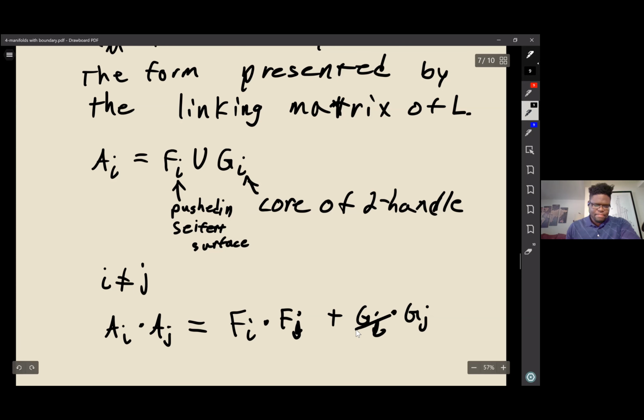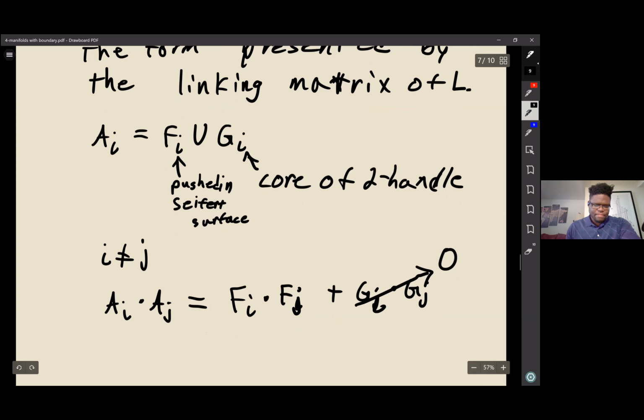But this is 0 because the attaching regions for these two handles are disjoint. So just the cores of these two handles don't intersect at all. And we've already shown that the intersection number between these two surfaces is just the linking number of these two components.